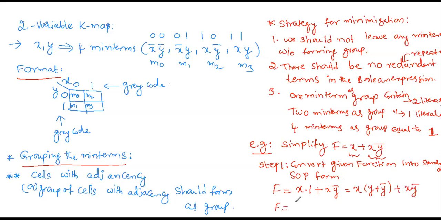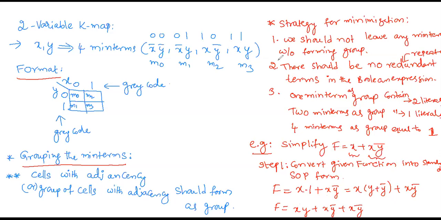Now F is equal to... Standard SOP means each group should contain two variables x and y, but in the first group we are having only x, so we are modifying. So F is equal to xy plus xy bar plus xy bar. See, xy bar is repeated.